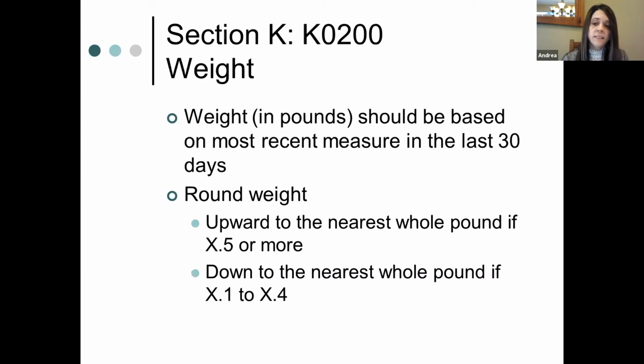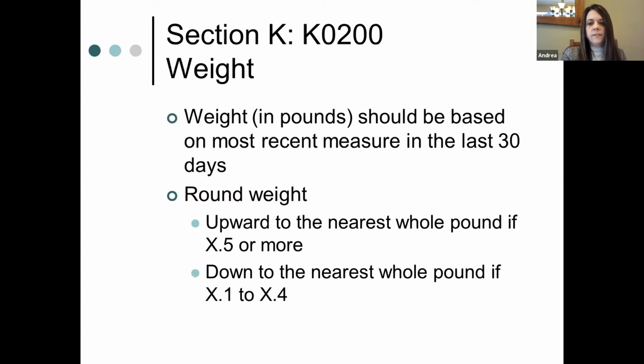If a resident is on a daily weight, then you would want to use the last weight obtained during that observation period. So if they weighed every single day during that 7-day look back, you would use the weight from the ARD date, if it was 219. If a resident cannot be weighed, let's say they're in extreme pain or they refuse to be weighed, then you would code a dash.